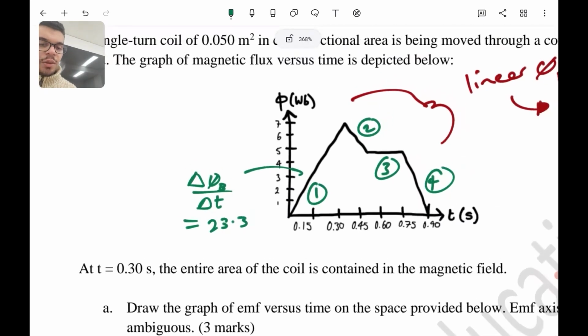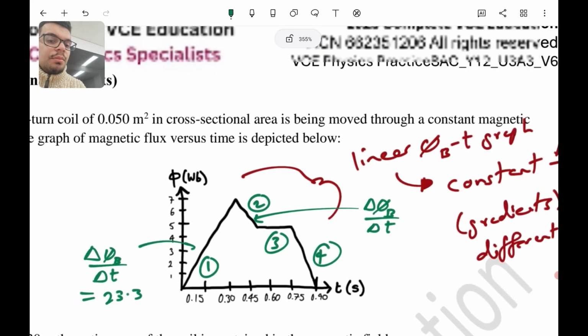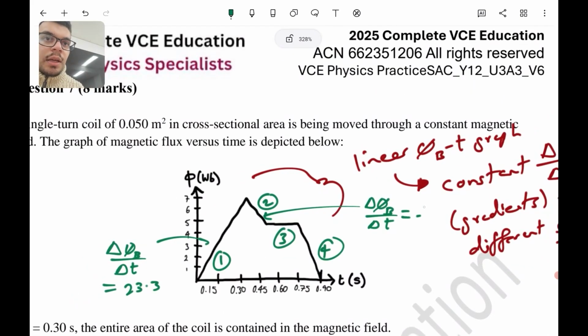You don't actually need to do this calculation if you don't want to, but this is for us to be exact. For section 2, the delta flux over delta t is going to be equal to negative 2 divided by 0.15, so it's going to be negative 13.3. For section 3, the gradient is 0, so the steepness is 0, we don't need to worry about that.